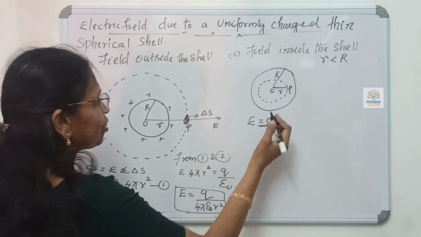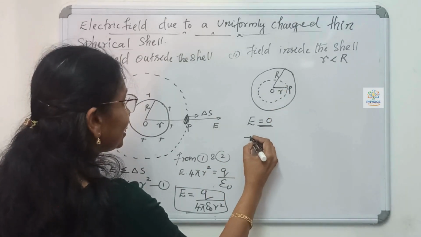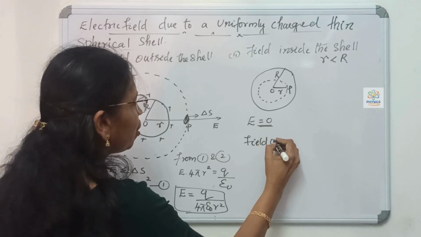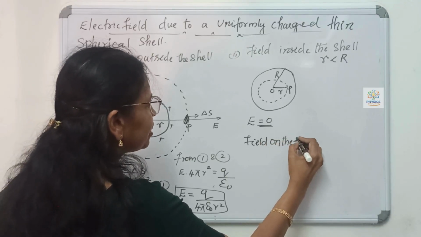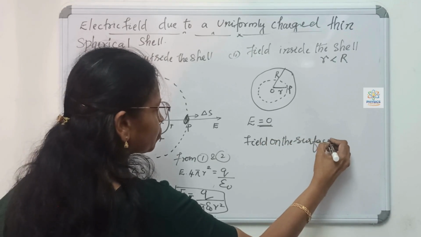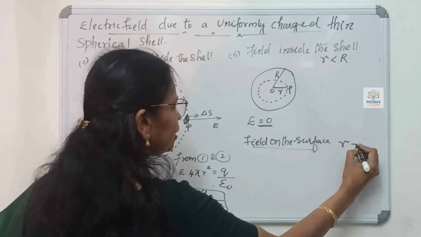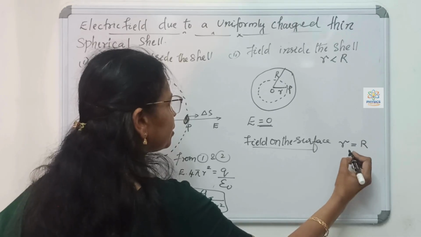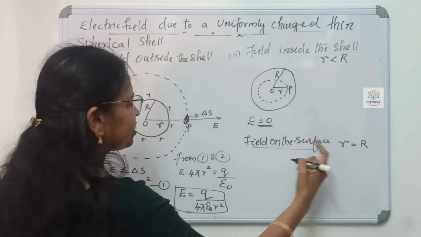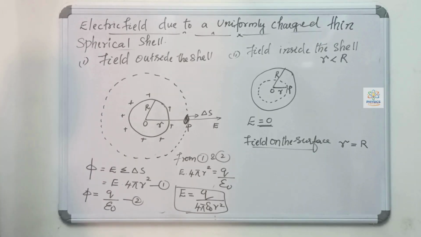And the next one, you can just calculate field on the surface of the spherical shell. So on the surface of the spherical shell, we can write r and R, the radius of the spherical shell and the distance, both are always equal.